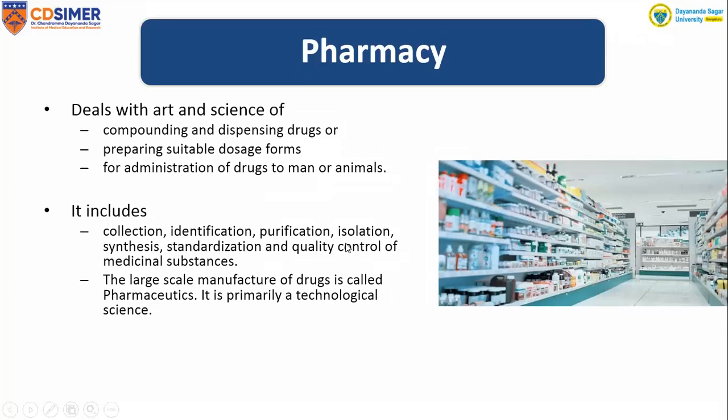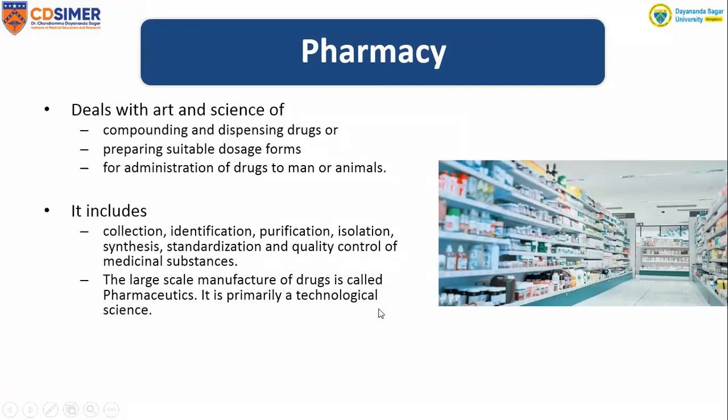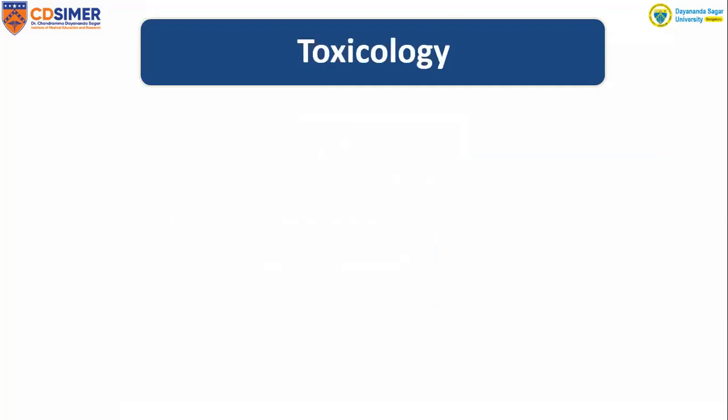It is compounding, dispensing, preparing suitable dosage forms. For doing all these, you need to collect, identify, purify, isolate, and synthesize the drugs, and do standardization and quality control of medicinal substances. Also large scale manufacturing of the drugs is involved in pharmaceutical sciences. So it is primarily a technology based science.